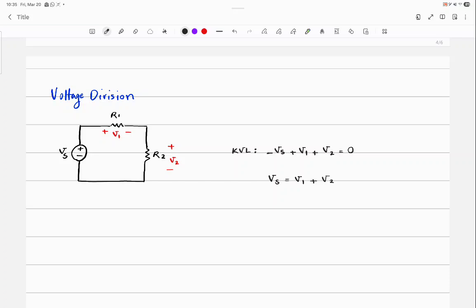Now, based on Ohm's law, if this is my current, I, can you tell me what V1 is equal to? I R1, right? What is V2? I R2.